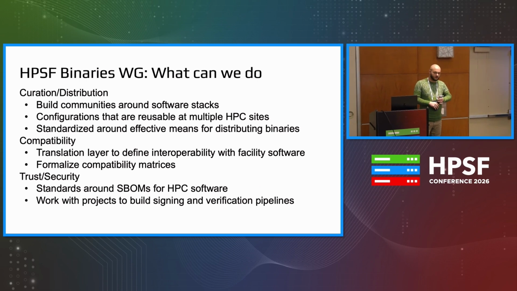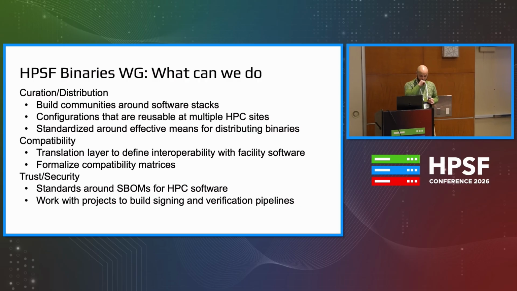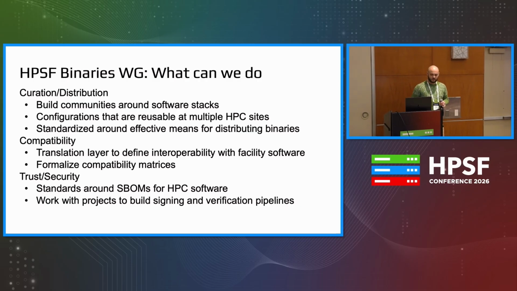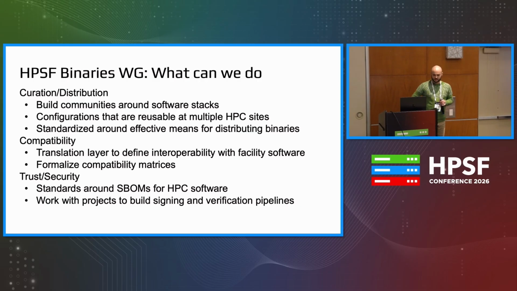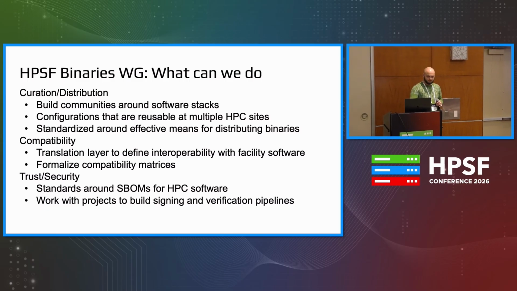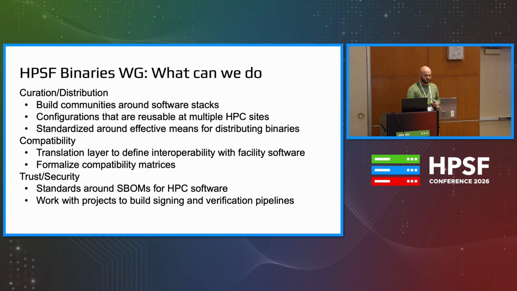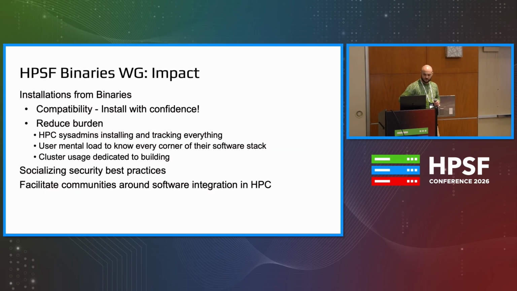So for the binaries working group, some of the things we can do is sort of cover these areas. Build communities around software stacks. Radius was a good example yesterday, talking about how to do that. E4S is another one. Compatibility, sort of translation layers from the build farms that we have that can create binaries and the systems we're going to, and the trust and security pipelines to make sure we're getting what we expect.